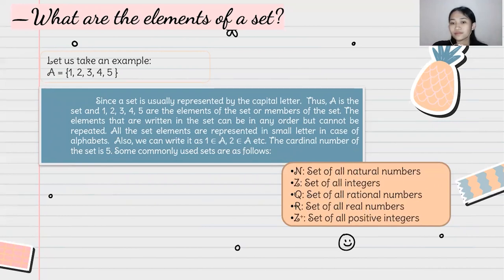N is the set of all natural numbers. Z is the set of all integers. Q is the set of all rational numbers. R is the set of all real numbers, and the last, Z positive, is the set of all positive integers.